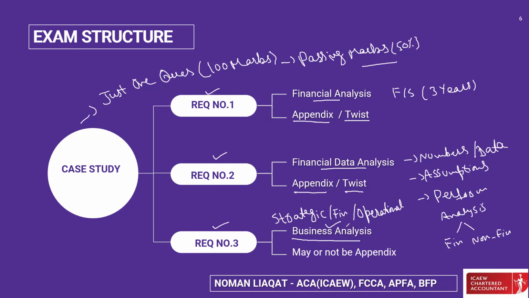So multiple aspects would be covered in business analysis. This business analysis may or may not include an appendix. It depends on the examiner's requirement, what sort of requirement has been set, and how we have to answer accordingly.